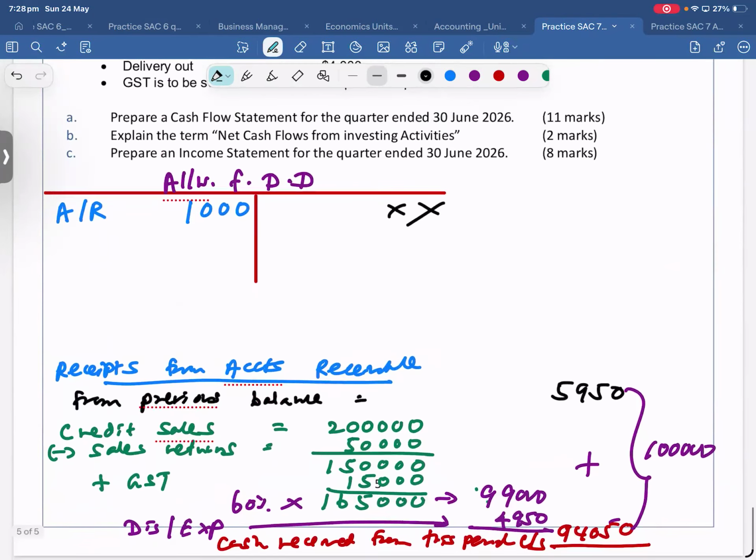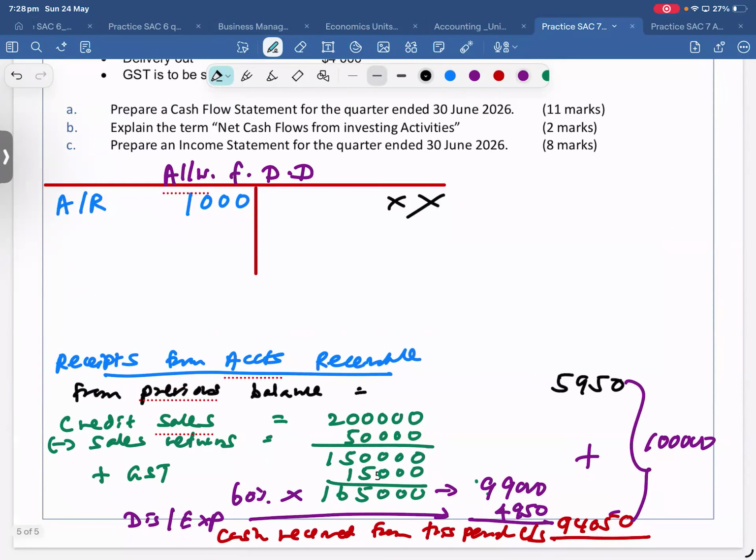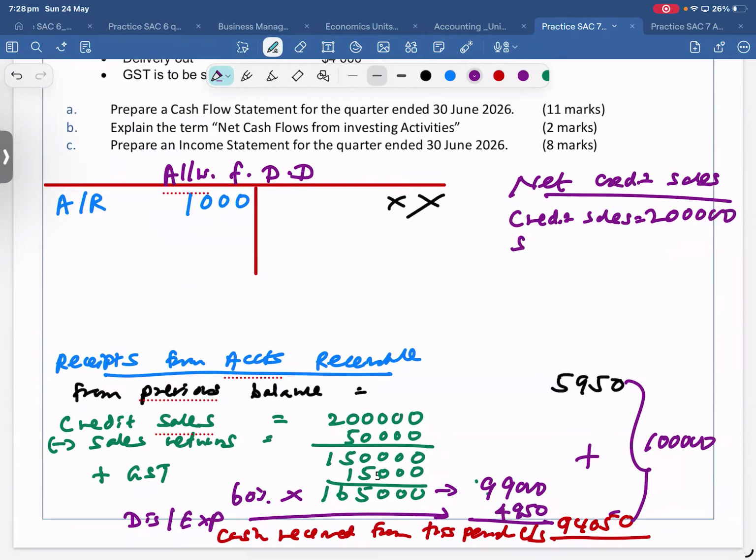Okay, how much is our net credit sales, guys? Our credit sales is 200,000, and our sales returns are 50,000, so 150,000 is the net credit sales.